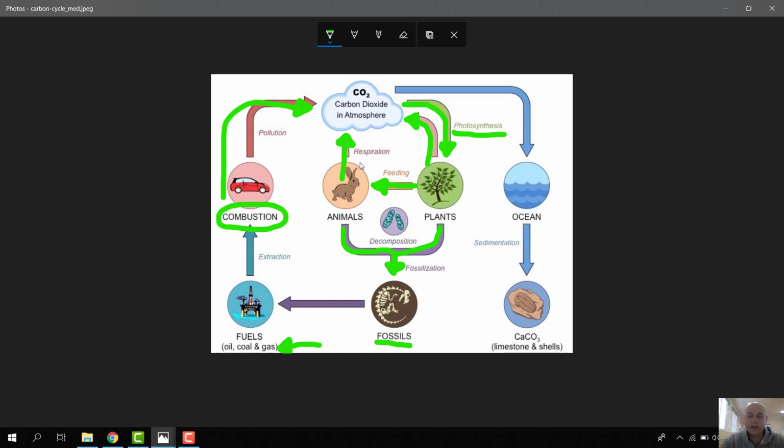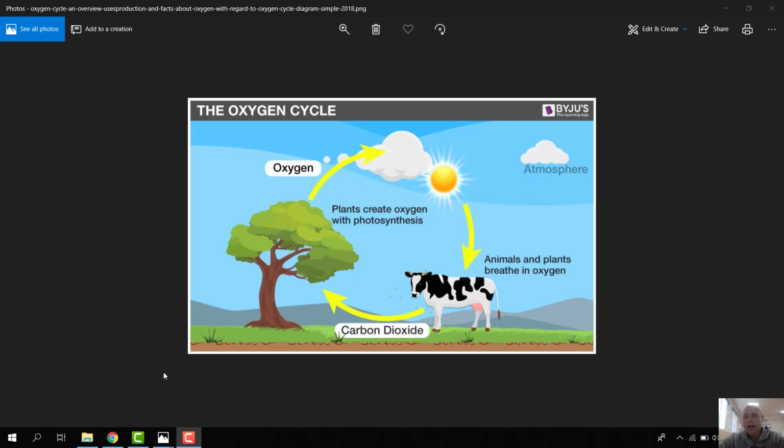We're very concerned with respiration and photosynthesis for this unit. But there's a whole cycle going on, a recycling of elements and of these materials. Now let's take a look at oxygen. With oxygen, we've linked oxygen to respiration.